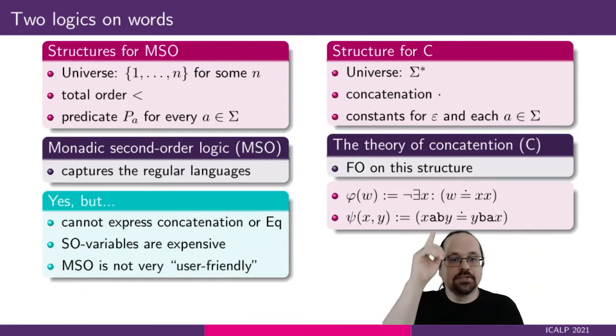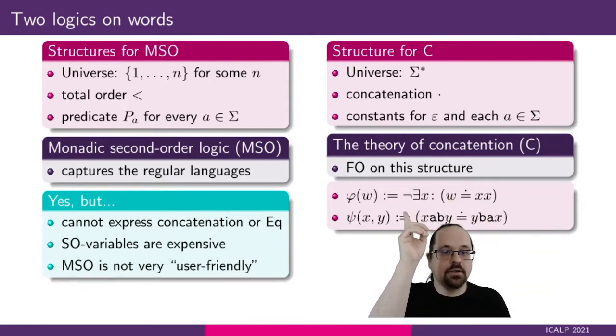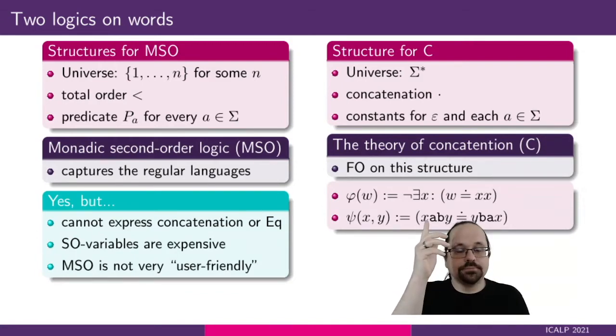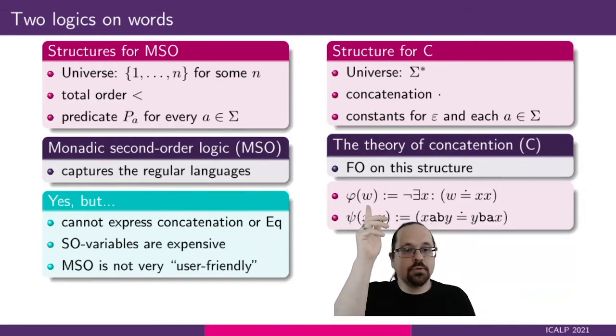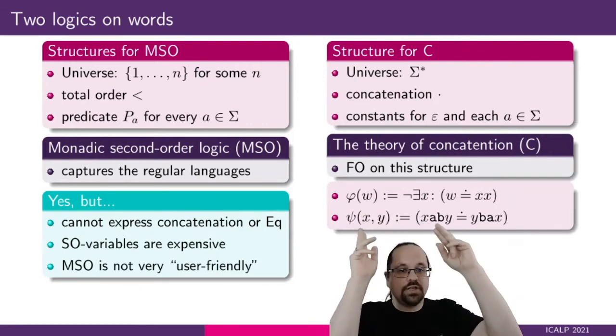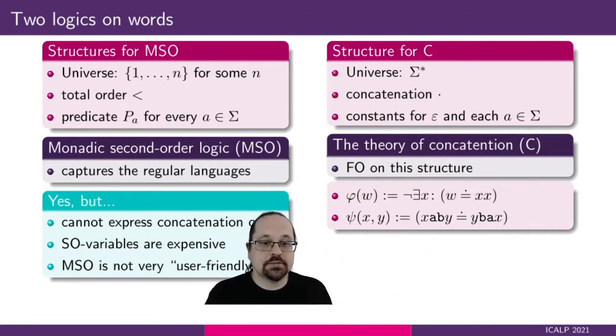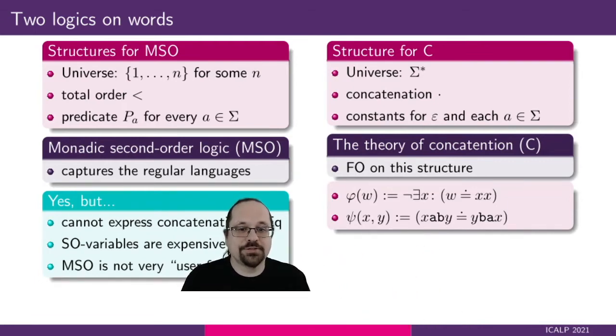So the upper one says, w = xx, the word is a square, and then the formula is true on inputting a word w if w is not a square because of the negation here. Likewise, this one here, φ(x,y), is satisfied if x and y satisfy that equation, xaby = ybax.